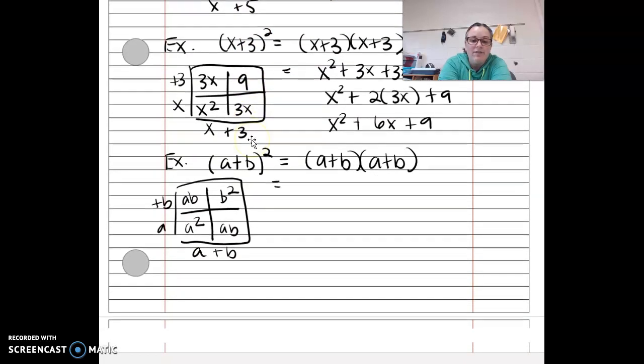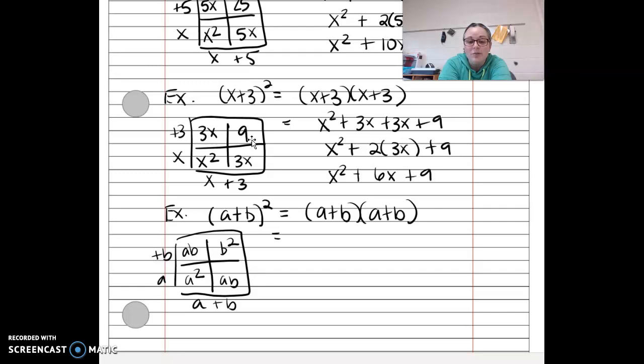So the ultimate goal here is if we're trying to find a shorter way instead of drawing out the box, I know that all I have to do is take my first term and square it, so that a needs to be squared. I need two of my a times b's, and then I need my last term squared in the binomial.